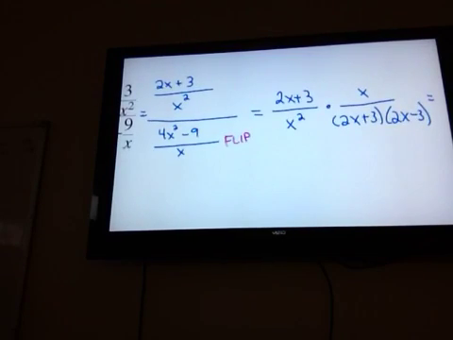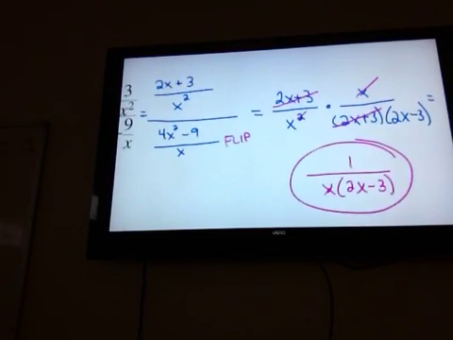Reduce. Whole group with the whole group. 2x plus 3 with 2x plus 3. The x on the top with one of those on the bottom. Everything left is in the denominator. It's got to stay there, which means I just have an understood 1 in my numerator.